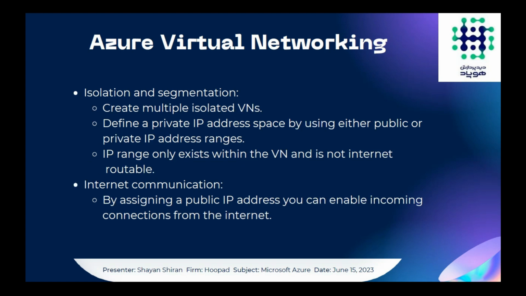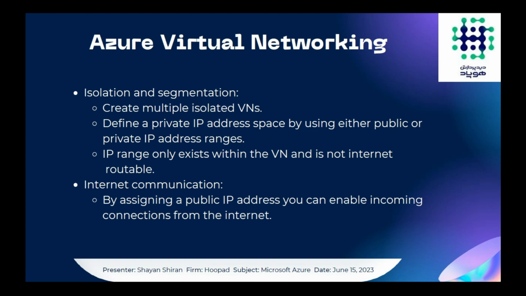The first one was isolation and segmentation. We can create multiple isolated virtual networks, or VNets. We can define a private IP address space by using either public or private IP address ranges.